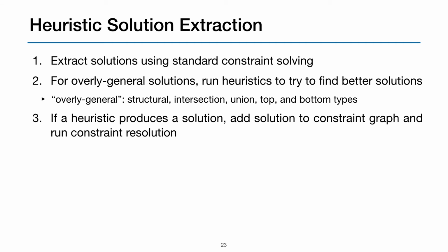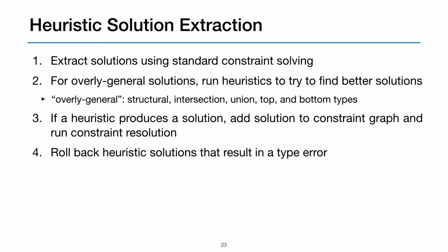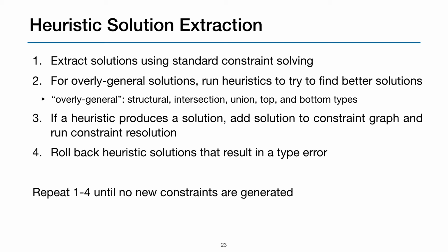If a heuristic procedure produces a solution, then we add that solution to the constraint graph and run constraint resolution. If constraint resolution resulted in a type error, then we would roll back that heuristic solution, thereby ensuring soundness. And finally, because heuristic solutions can lead to other solutions as we saw, we repeat steps 1 through 4 until no new constraints are generated.